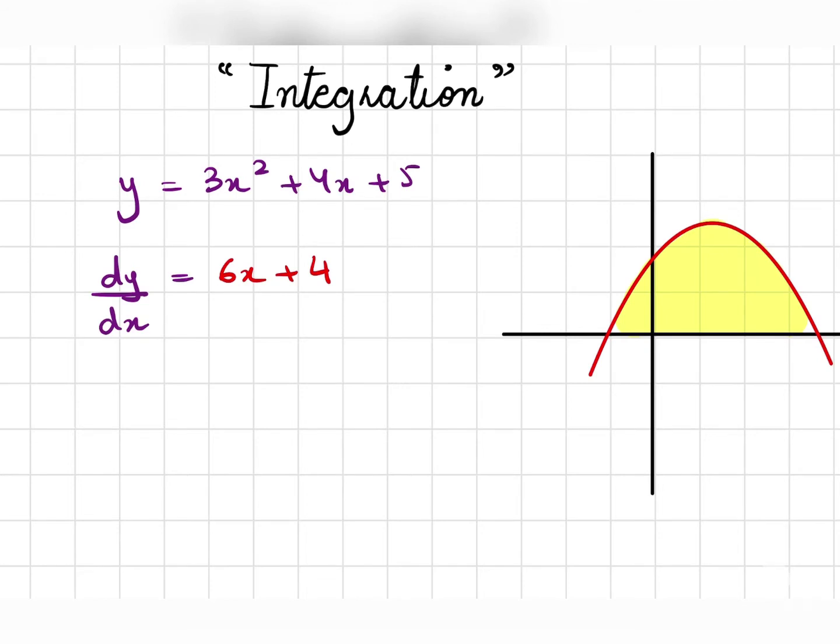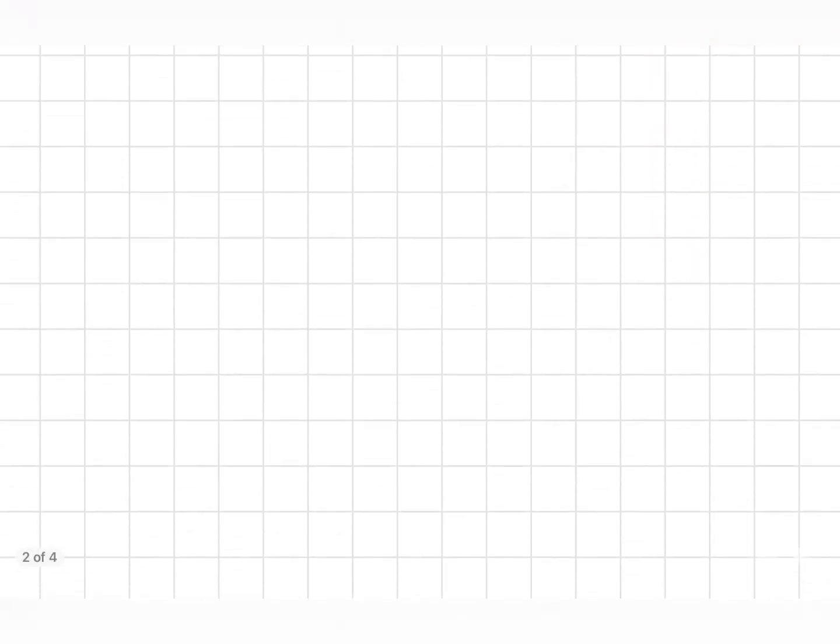Alright, now let's start with integration of certain questions. We'll be doing some very simple questions in the beginning. So here we are. Let's integrate 8x cubed with respect to x. Okay, in differentiation, we were subtracting 1 and multiplying it with the coefficient. Let's think of the opposite.